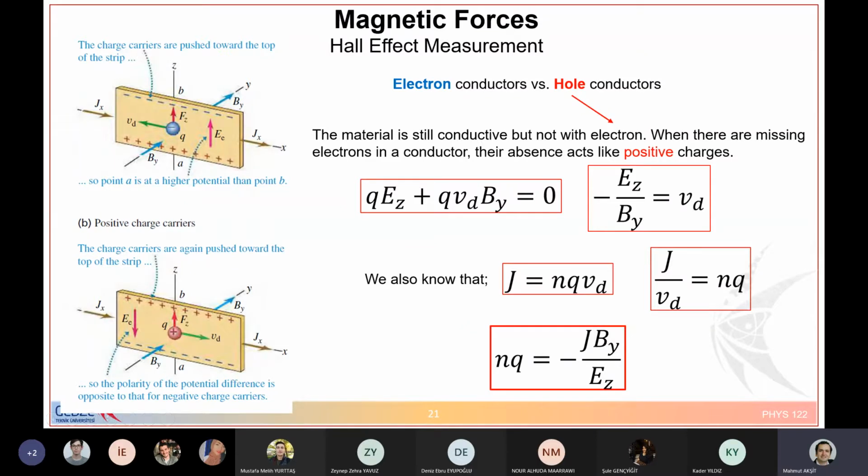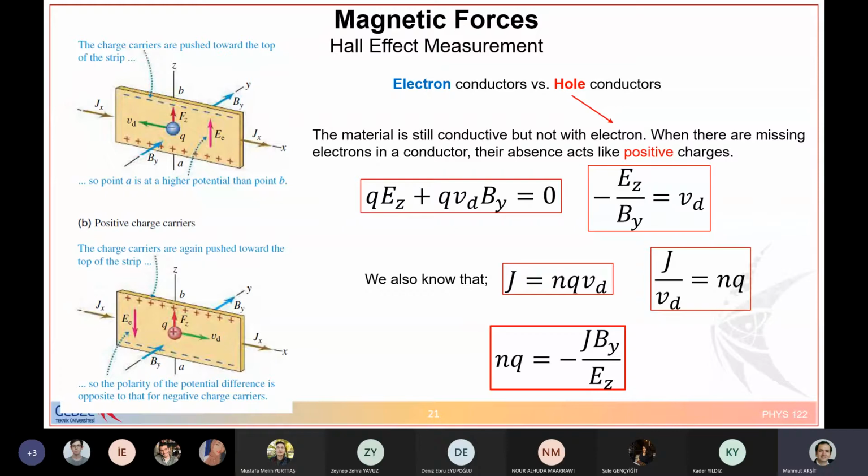So we talked about semiconductors. For example, for silicon, we said there is a valence state and conducting state, and you lose some electrons.